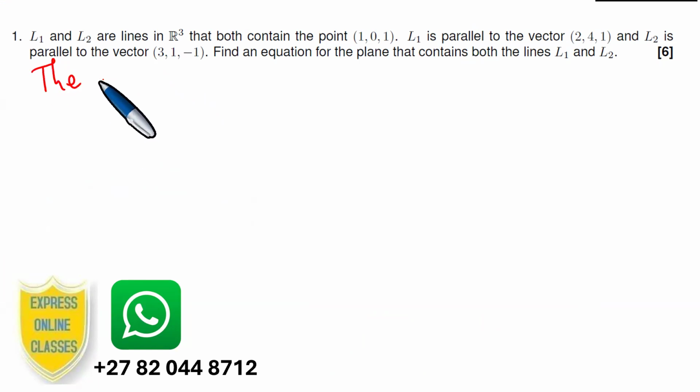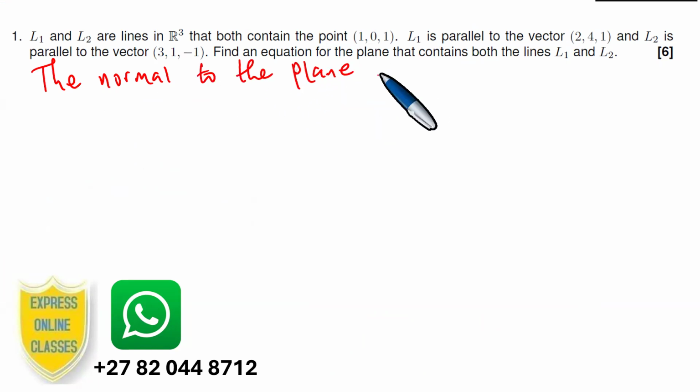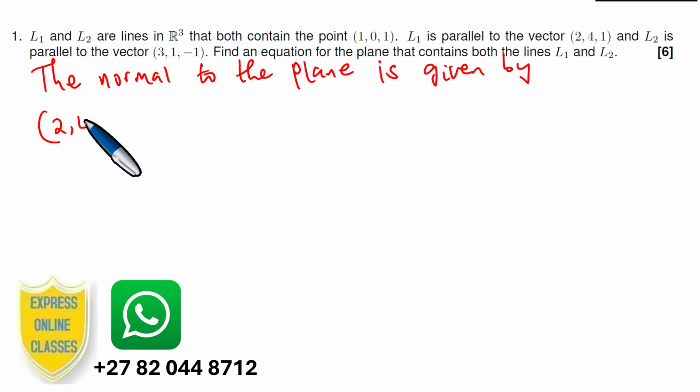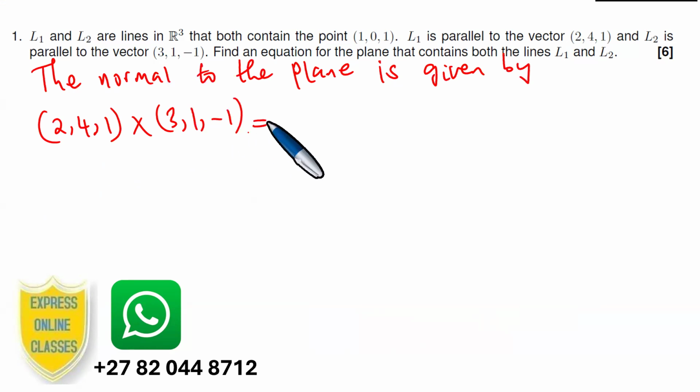So we note that the normal to the plane is given by exactly the determinant with rows i, j, k, then (2, 4, 1), then (3, 1, -1).